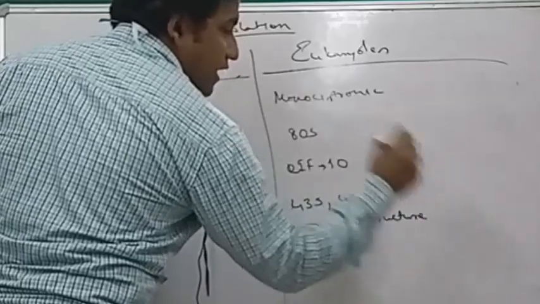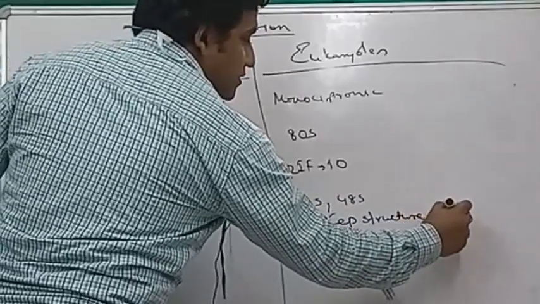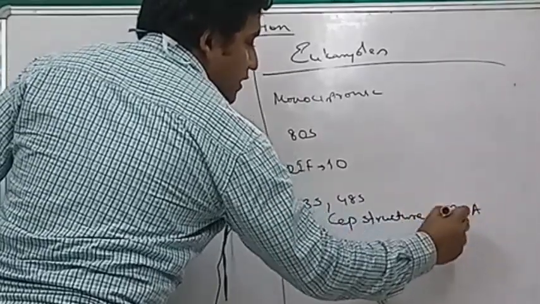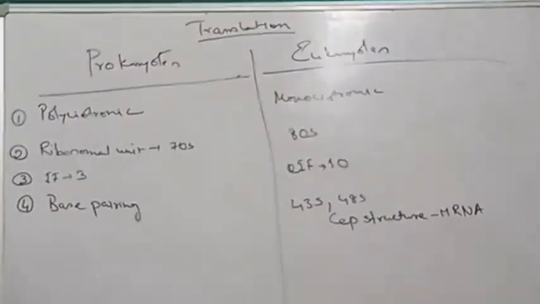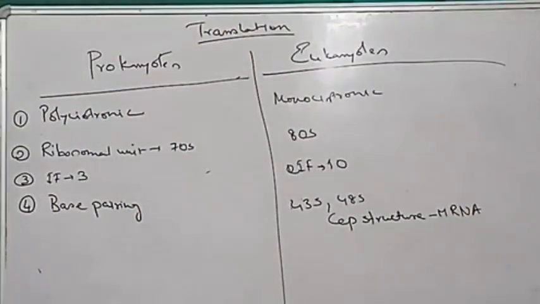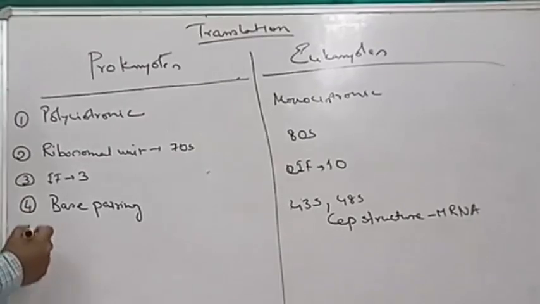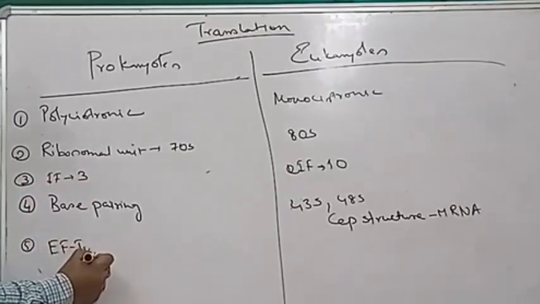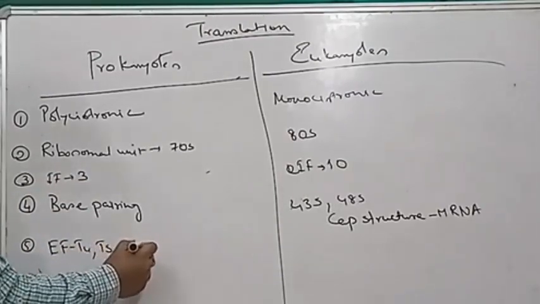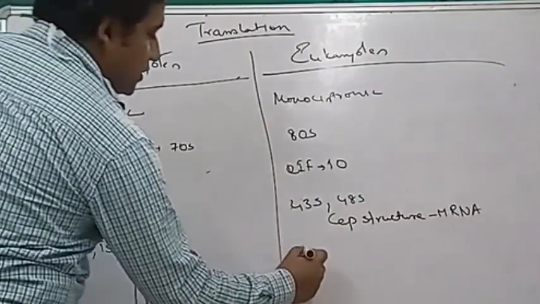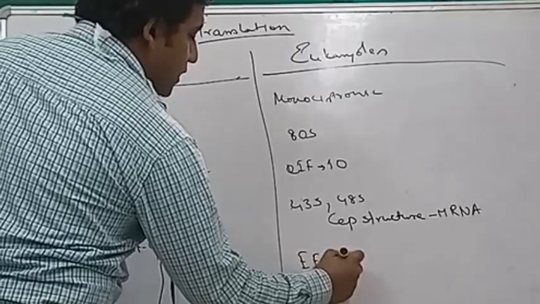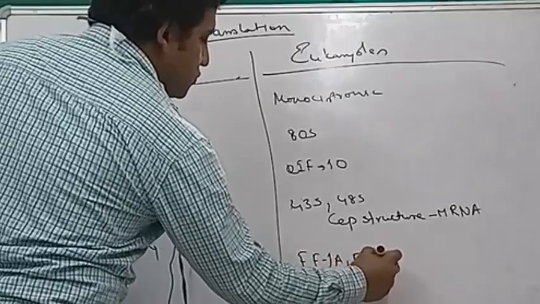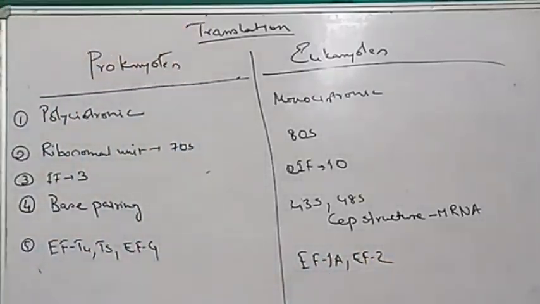This cap structure of the mRNA is going to attach itself to the 40S subunit. Next comes the elongation factors. Here you have elongation factor TU, TS, and elongation factor G. Here you have elongation factor 1A and elongation factor 2.